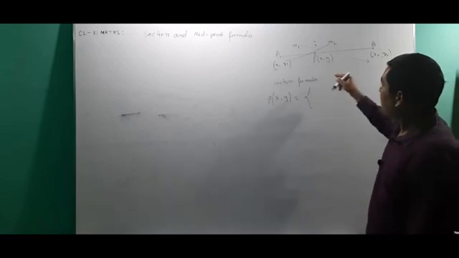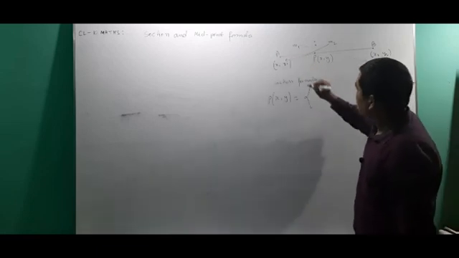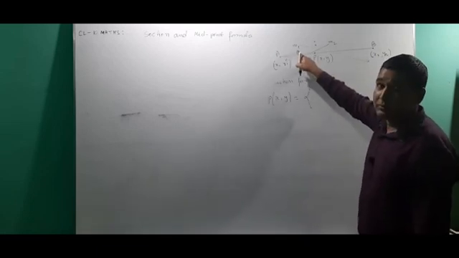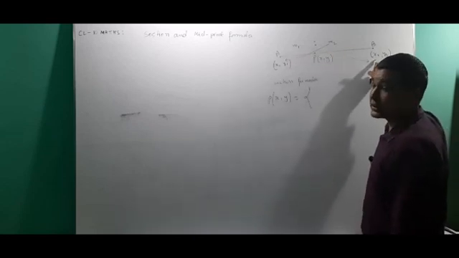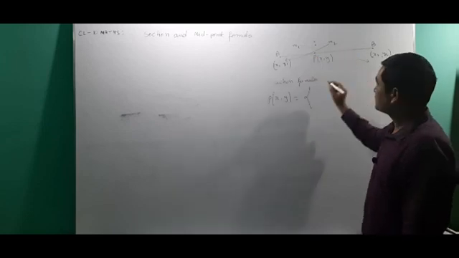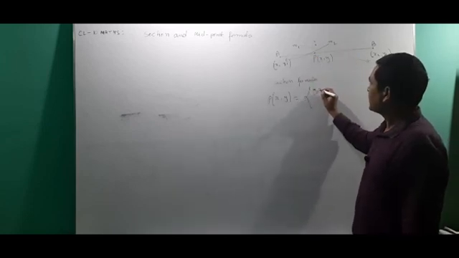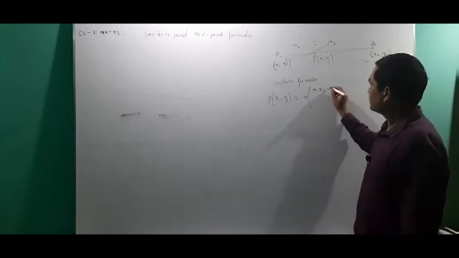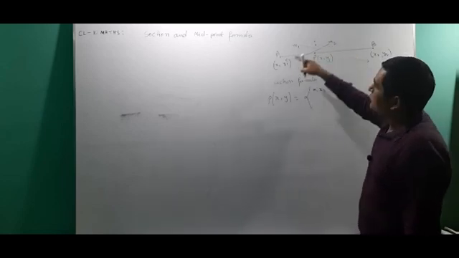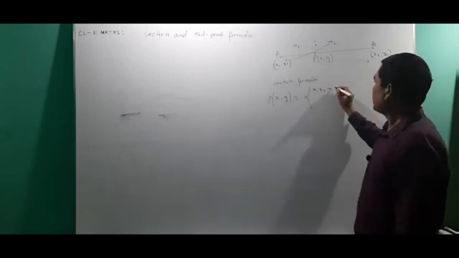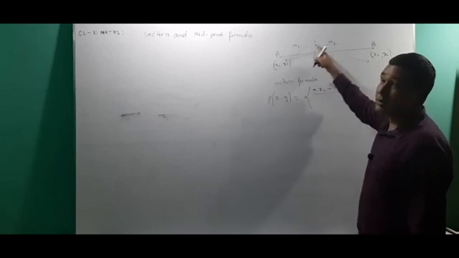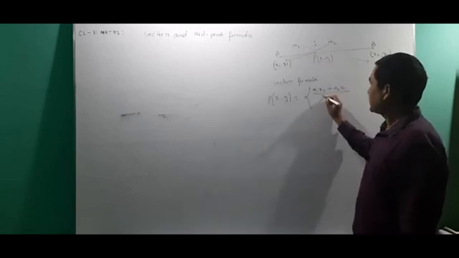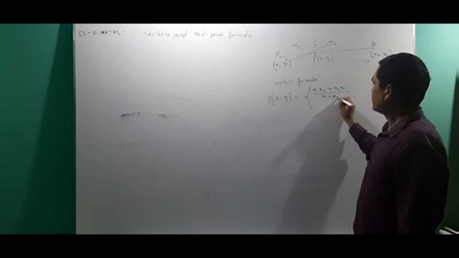Now how to get the coordinate? m1 multiplied by x2, that means m1 x2, plus m2 x1, divided by the sum of the ratio, that means m1 plus m2.